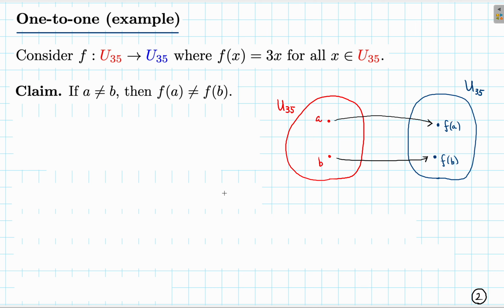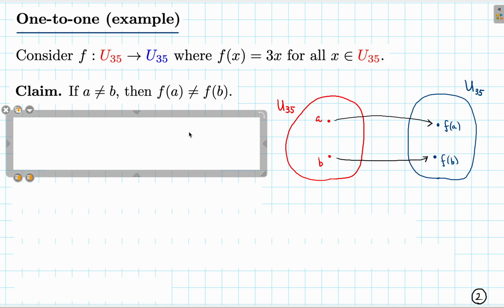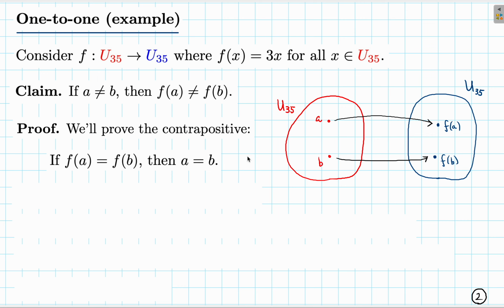I'd like to go through a proof of this claim, but these not equal signs aren't usually easy to work with, and so let's instead prove its contrapositive. Namely, if f of a equals f of b, then a equals b. We swap, then negate. So that's what we're going to prove.